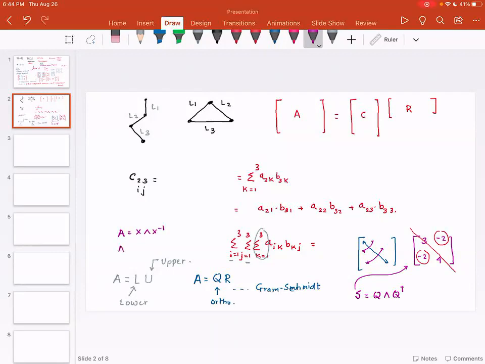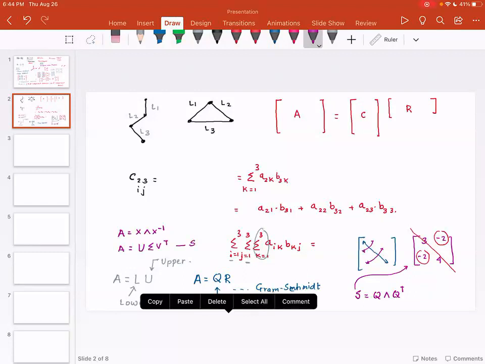And last but not least, you have the counterpart of eigenvalue decomposition for rectangular matrices, which is U sigma V transpose. So this is our friend SVD. This is eigenvalue.